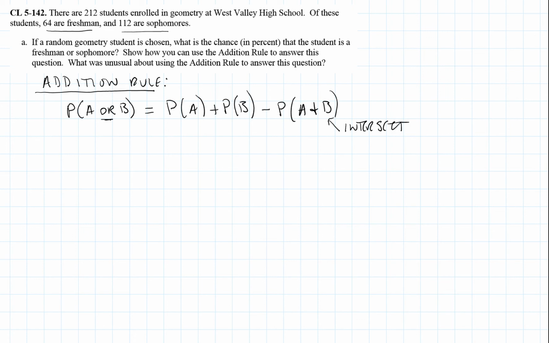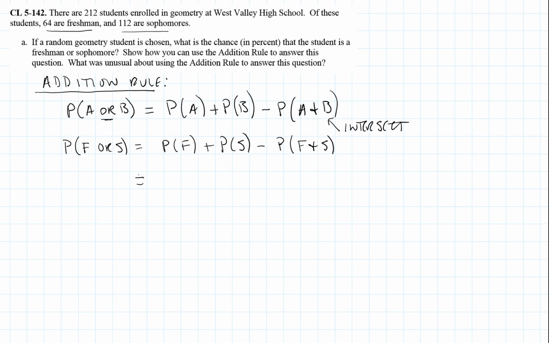All right, so now we're going to use the addition rule to answer this question. We want the probability of freshman or sophomore. So that's going to be the probability of the freshman plus the probability of the sophomore minus the probability of the freshman and the sophomore.